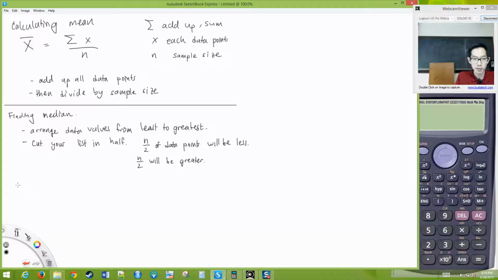Okay, so if n is even, the median will be between two numbers, and so you would take the average, or the mean, of those two numbers.